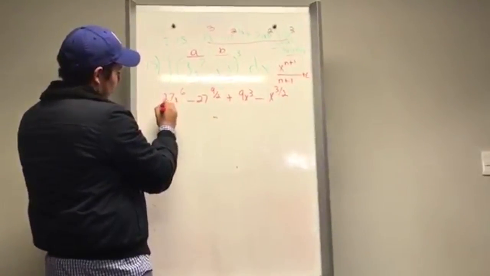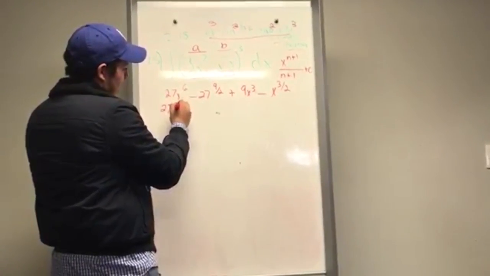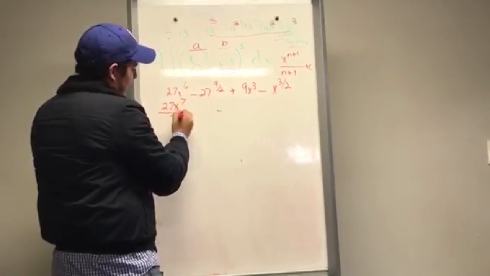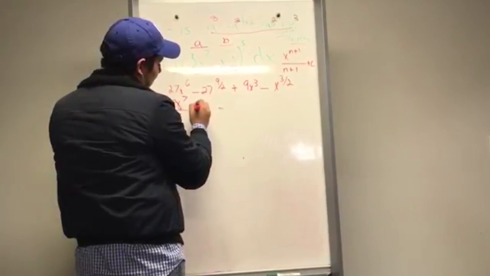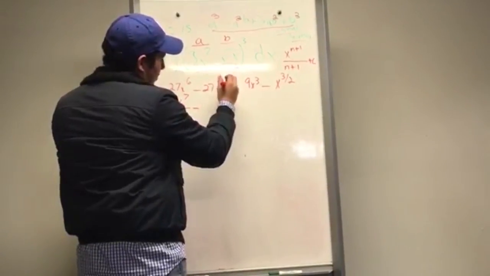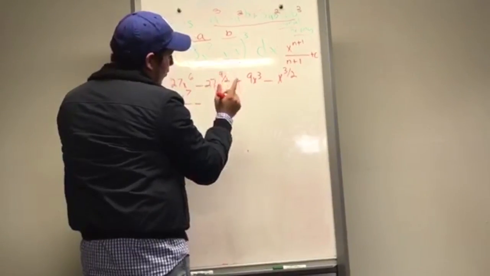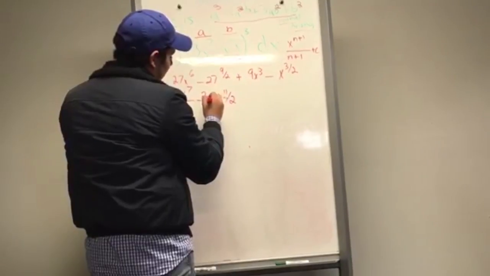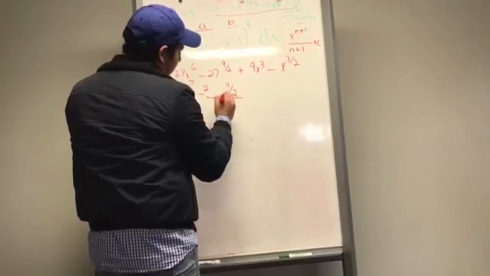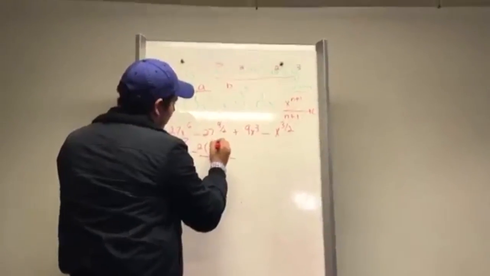So first of all, we're gonna have 27x to the 7th over 7. Then after this, we're gonna add this one. It's gonna be 11/2. Then we're gonna flip it over to 11ths times 27.